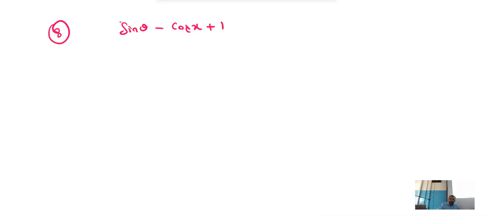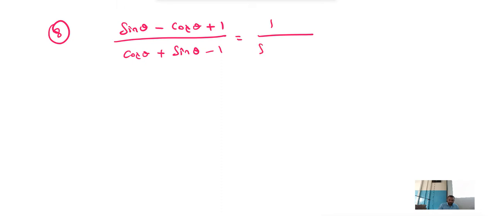Prove that (sin theta minus cos theta plus 1) by (cos theta plus sin theta minus 1) is equal to 1 by (secant theta minus tan theta).